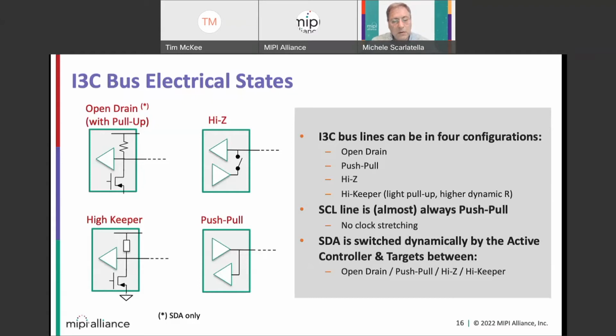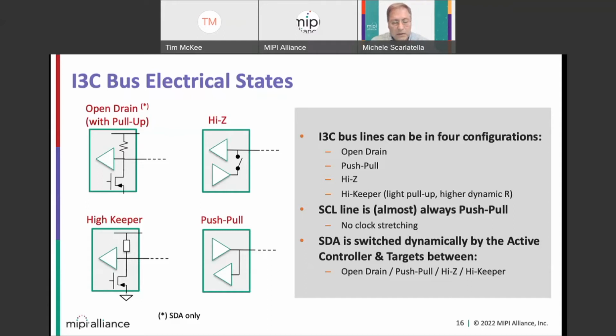So there is a very short time during handover where no controller is driving the line. In this time the wire could be floating, and this could induce some spurious transitions. That is why it's recommended that one keeps the high keeper, which ensures stability during the controller handover from one device to another. Other than that, the SCL line behavior is fairly straightforward.